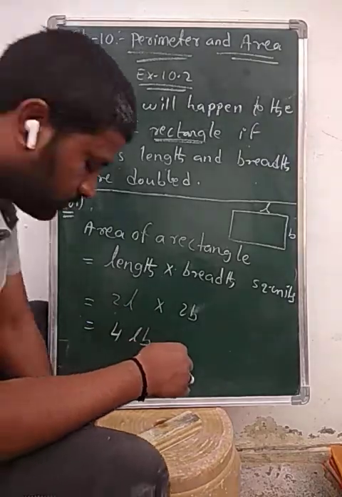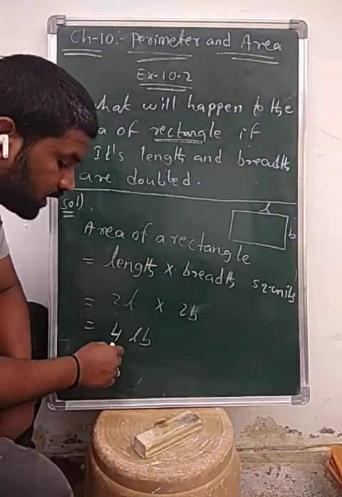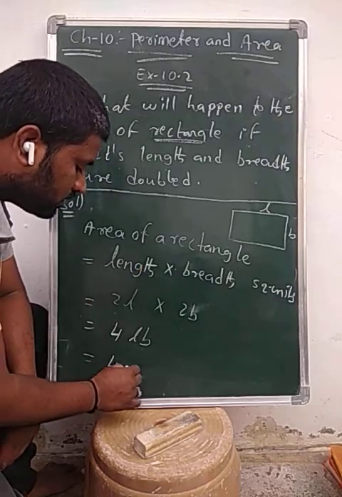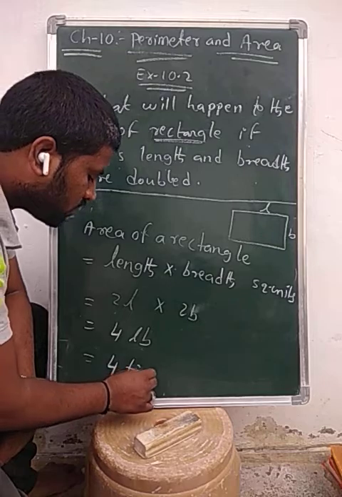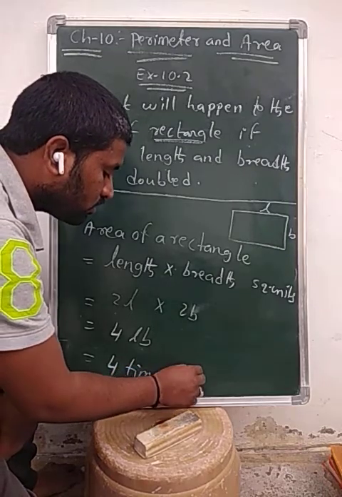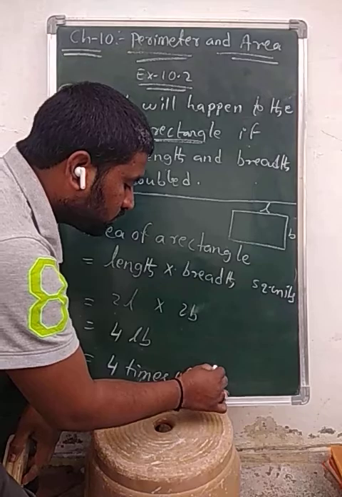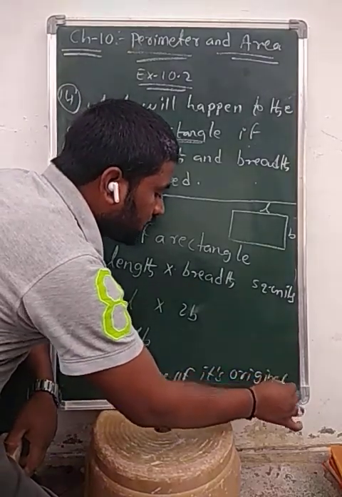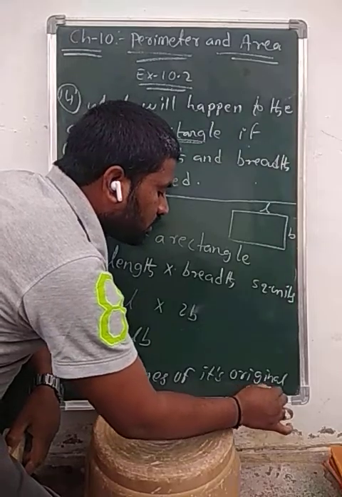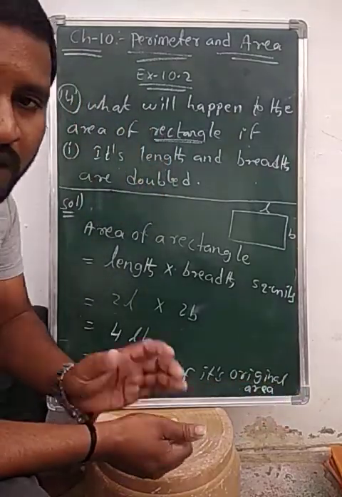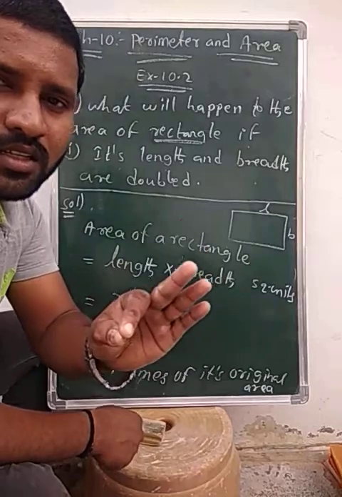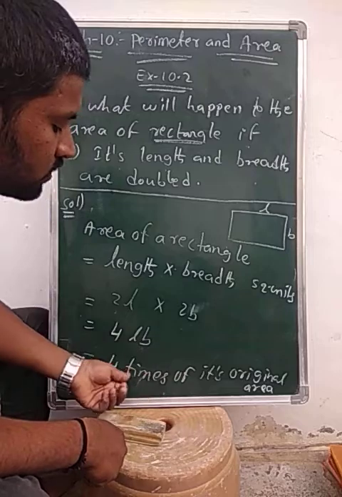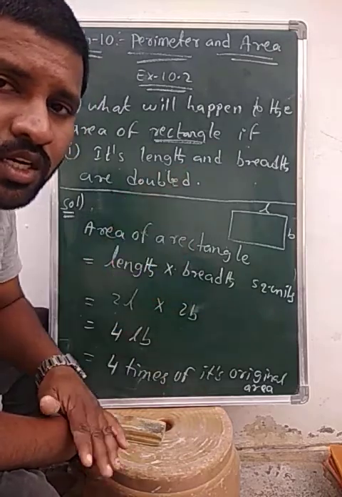So we get area of the rectangle equal to 4 times its original area. When the length and breadth of a rectangle are doubled, the area is 4 times its original area.